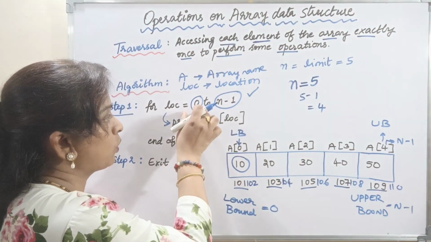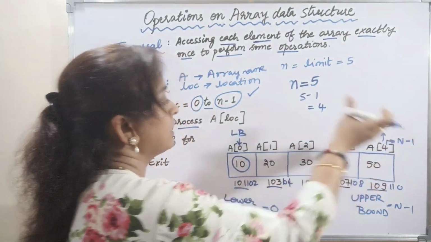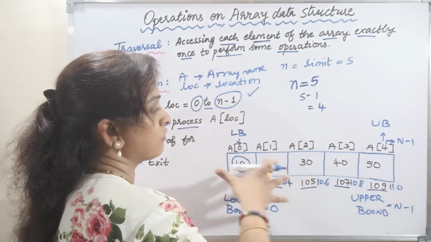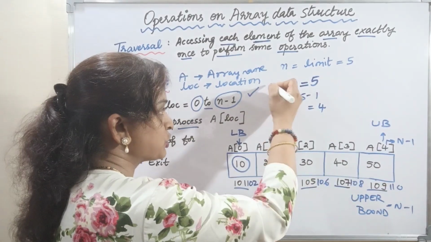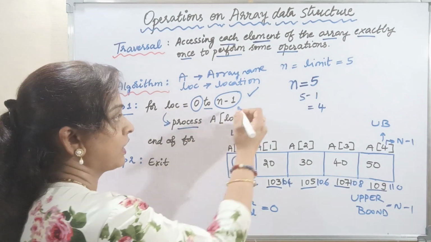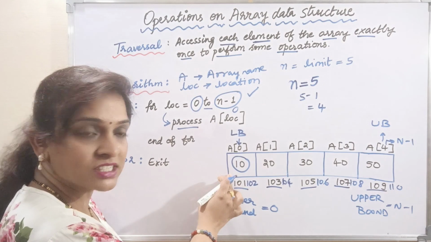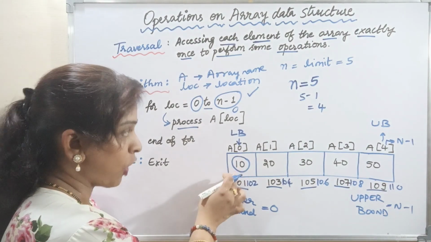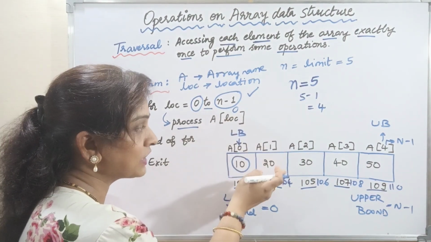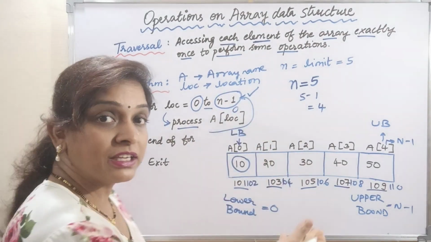I need to start the loop from 0 and traverse up to n minus 1. I need to check whether I am within the bound of 0 to n minus 1. If it is true, then process A of location. Location means 0, A of 0, which is 10. I need to process this. After I process this, I need to move to the next element, so I get back to the loop. The loop iterates.